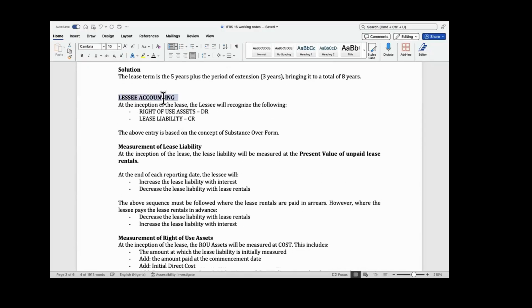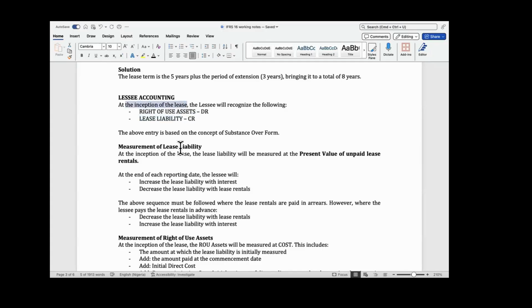The lessee, in accounting for leases, now puts the asset in his books, as well as the entire lease rentals that he is going to pay over the lease term. He recognizes that at the inception of the lease.